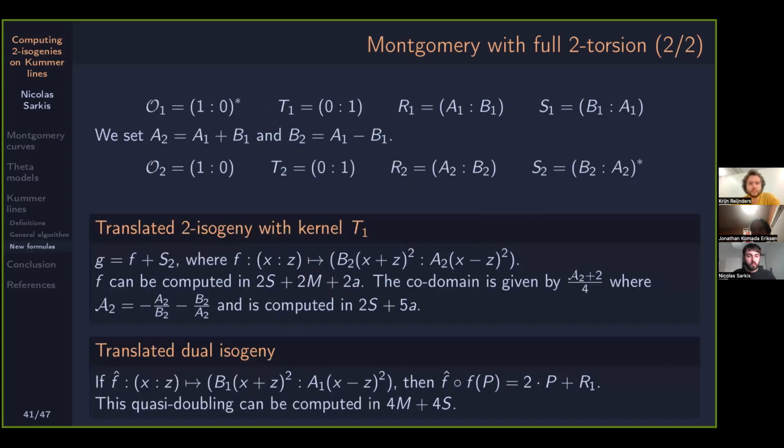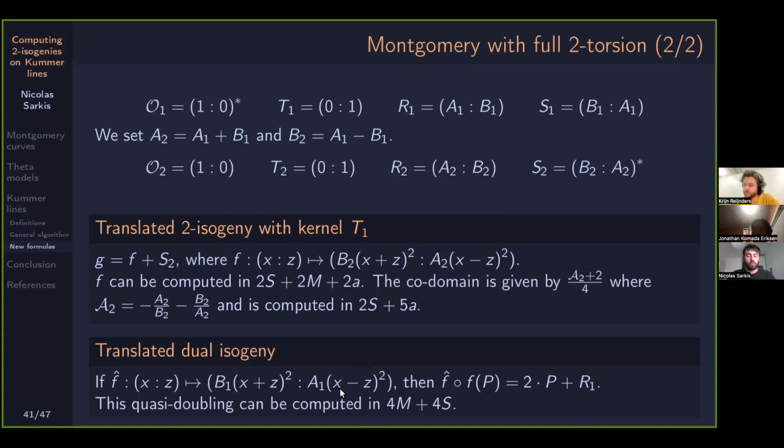So that's pretty much what we do. We have translated two isogeny formulas with kernel T1, which were not known, I think. And you can compute them in 2 squarings and 2 multiplications. So that's a bit better than what we could do in Montgomery.